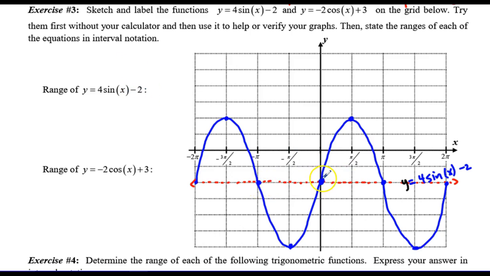And then I just needed to go up 4 units each time because our amplitude here is a 4. All right, so our range can be found 2 ways. We can just count and look at our range to be -6 up to +2. And hopefully also I can realize, hey, it's really just starting at -2 and doing plus or minus 4, right? I'm starting at -2, I'm going up 4 and down 4, and that's how I can also get this number. That's going to be handy later.